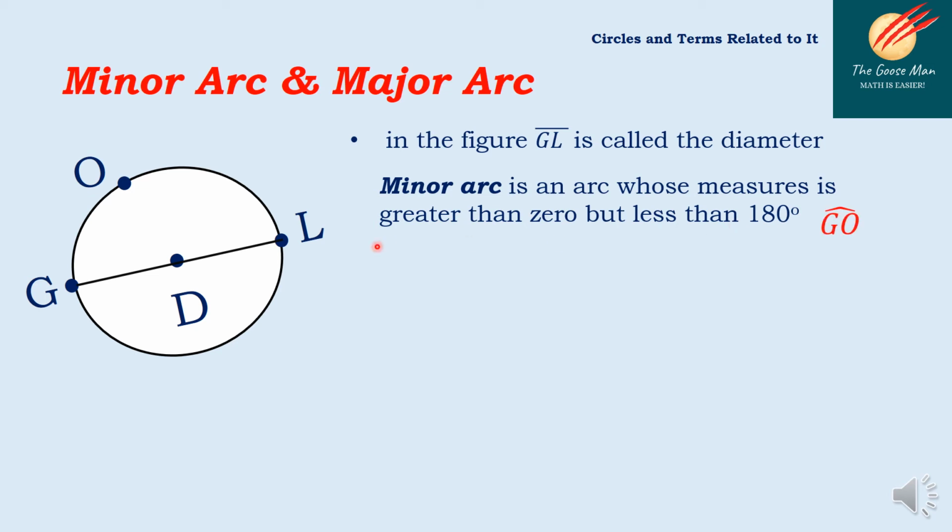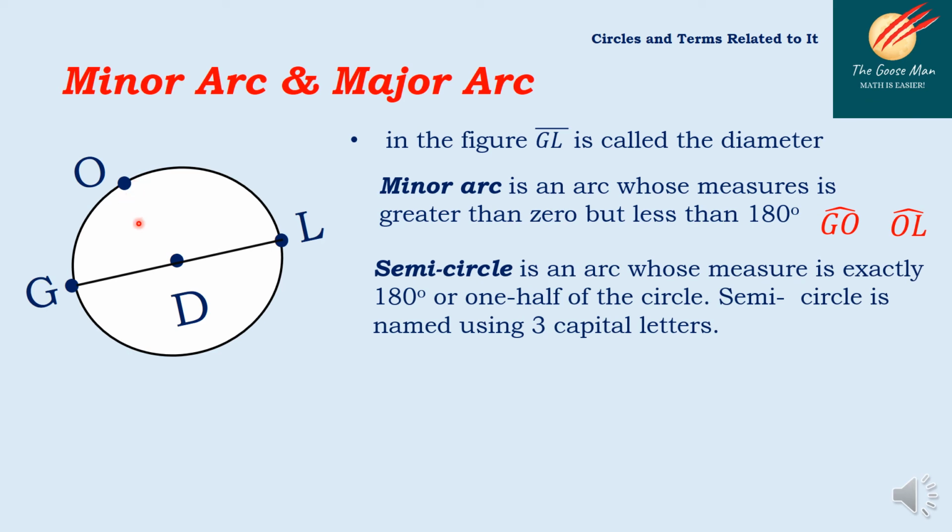From our example, we have RGO and ROL. A semicircle is an arc whose measure is exactly 180 degrees, or one half of the circle. A semicircle is named using three capital letters. From our example, we have arc GOL.